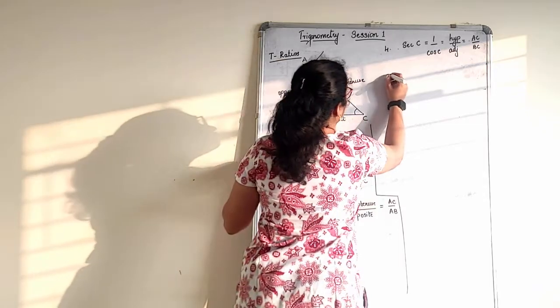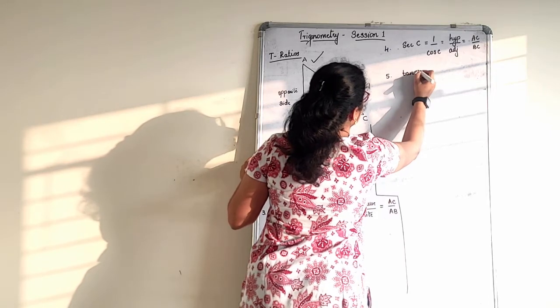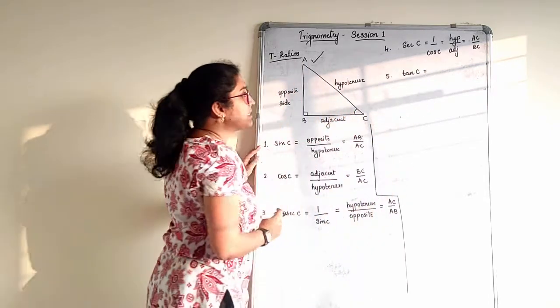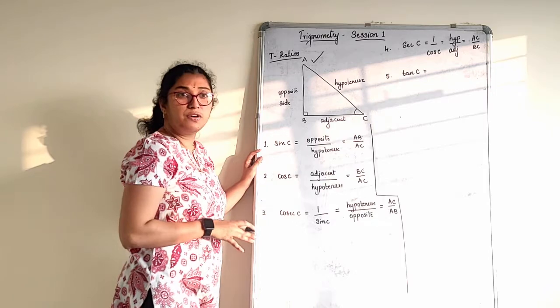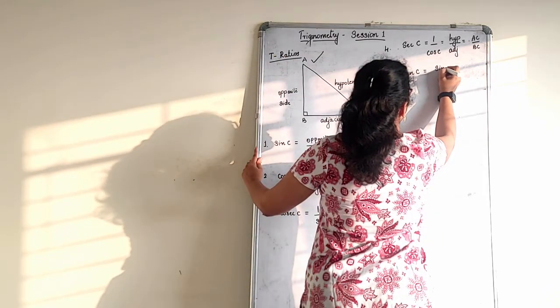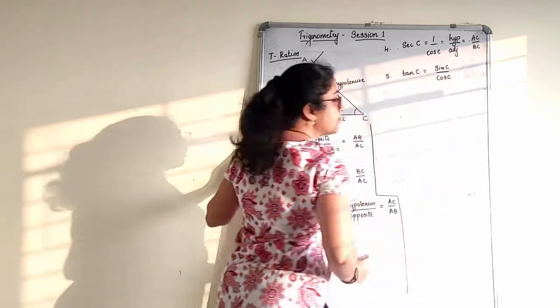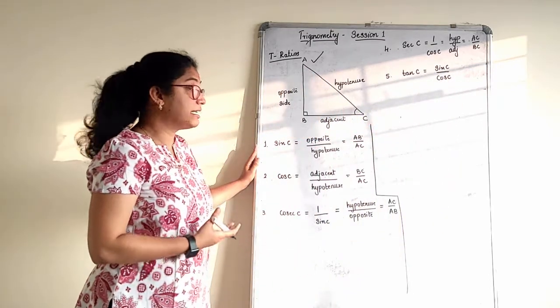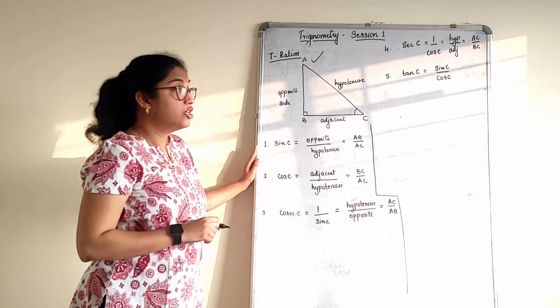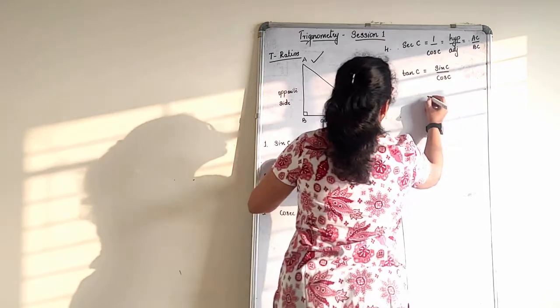Next, fifth one is tan C. Now what is tan C? Reciprocals are already over. Tan C is written as sin C upon cos C. Okay. Tan is sin upon cos. So sin upon cos means what now? What is sin?